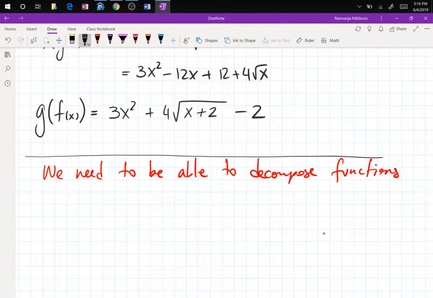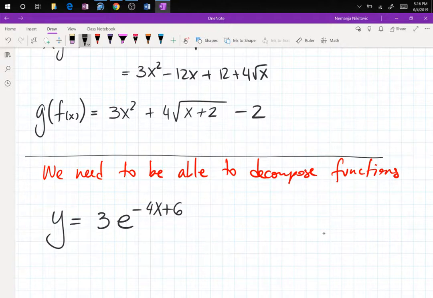If I am to give you that some function y is equal to 3e to the negative 4x, let's say plus 6, my question and the skill that you need actually is what is f and what is g? That's the skill that we need for Calculus 1.